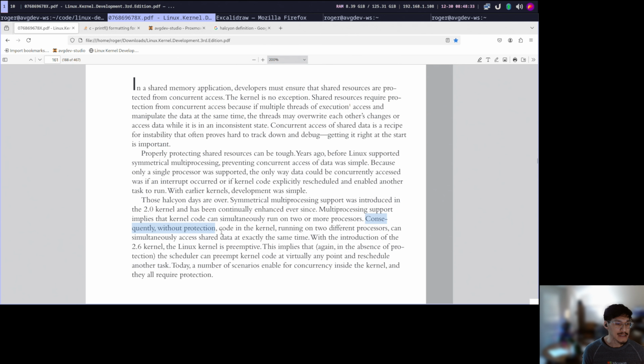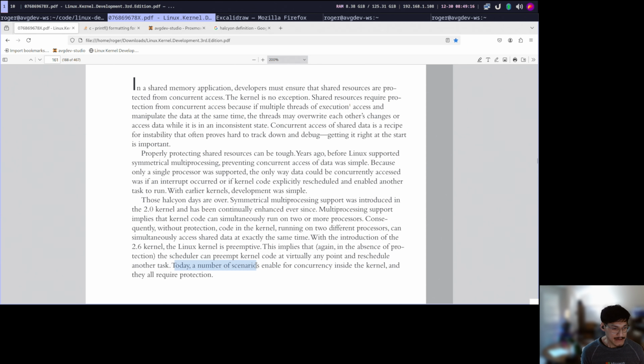Consequently, without protection, code in the kernel running on two different processors can simultaneously access shared data at exactly the same time. With the introduction of the 2.6 kernel, the Linux kernel is preemptive. This implies that, again in the absence of protection, the scheduler can preempt kernel code at any point and reschedule another task. Meaning the kernel itself can be switched away from by the scheduler.